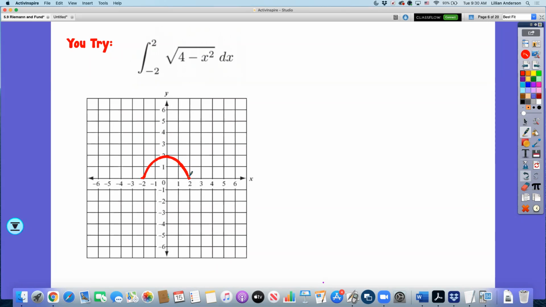And so I'm looking for this entire area. So this is half of a circle. So to find the area of square root of 4 minus x squared from -2 to 2, I need half of the circle formula, which is what again? Pi r squared. What's the radius? 2.